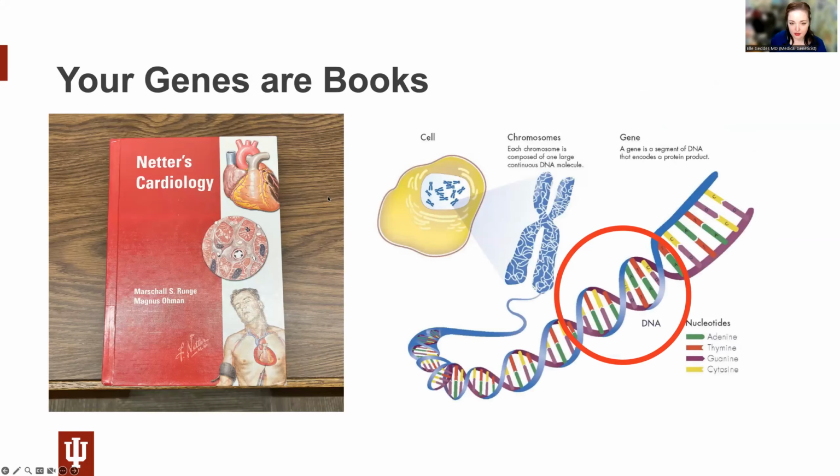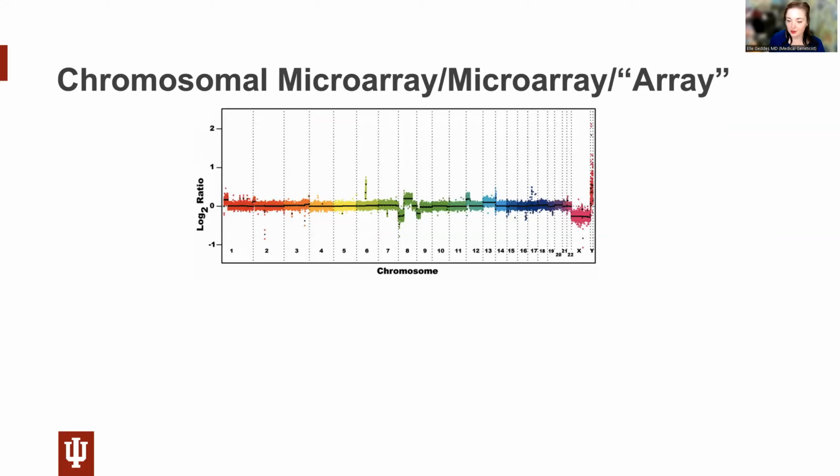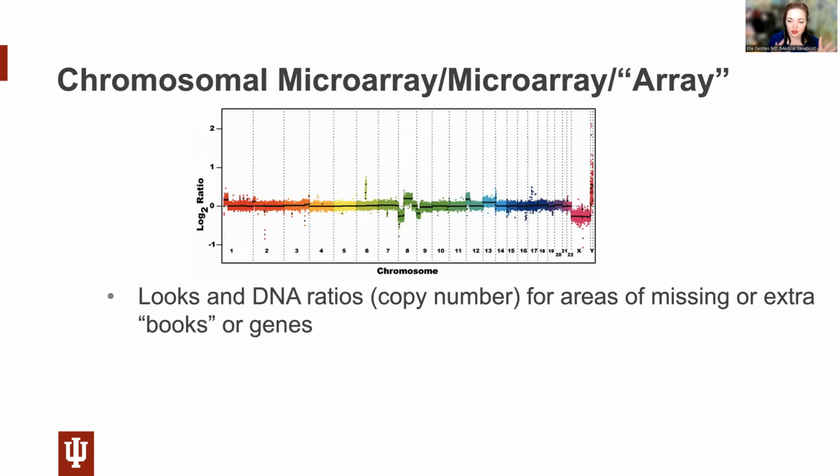And so that has been classically the most common test we use to look for copy number. And until really the past few years, probably the main or most sensitive test we've really had routine access to.